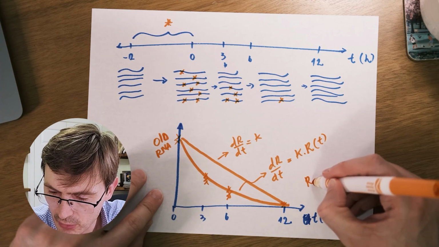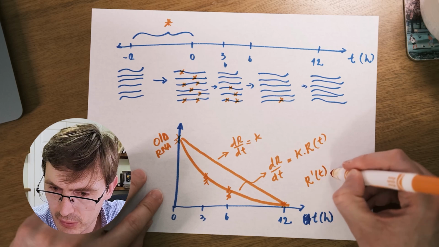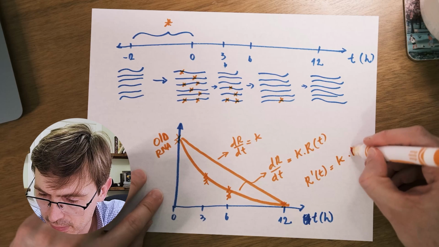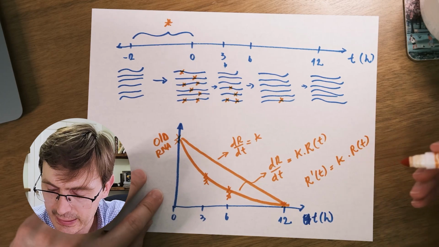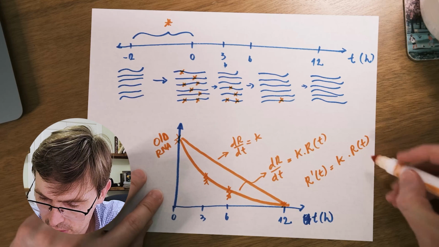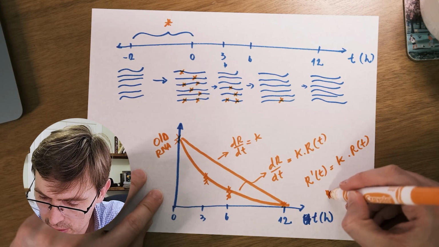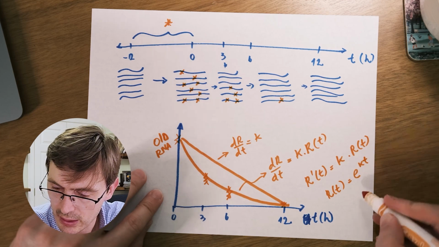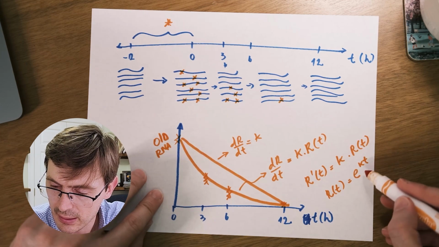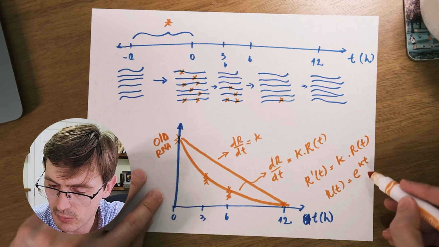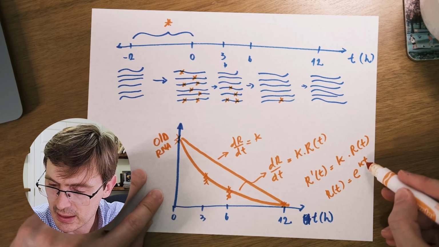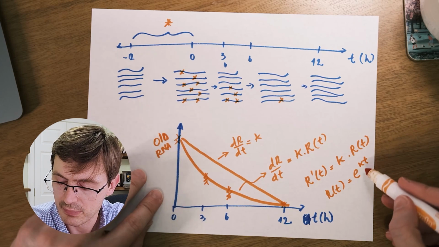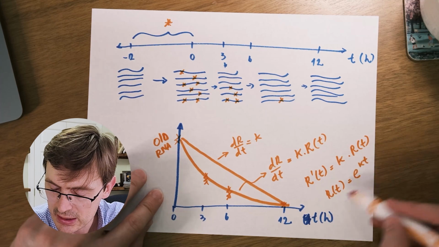We can say the rate of RNA decay over time is equal to a constant times the abundance of the RNA at that time, and the solution for this equation is this, because when we derive e to the x, we have e to the x, but since the t here is multiplied by k, due to the chain rule we have to bring down the k, and so this is the solution.